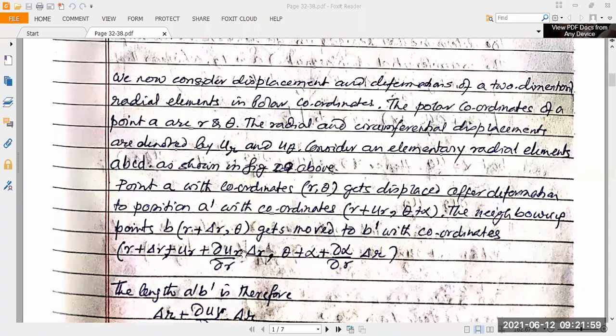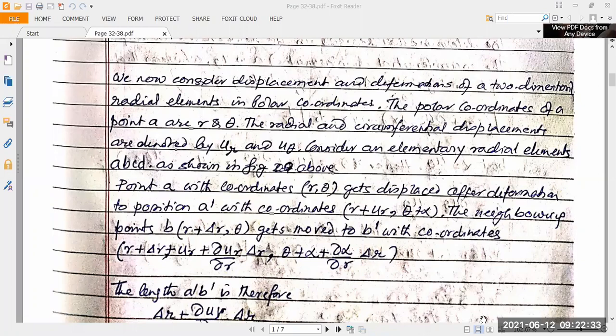We will first find out the rate of change of ur, which is the displacement coordinate of the radius, and the rate of change of alpha, which is the angle made by the straight line passing through D with the straight line passing through A and B. So these are the polar coordinates of the point B dash.